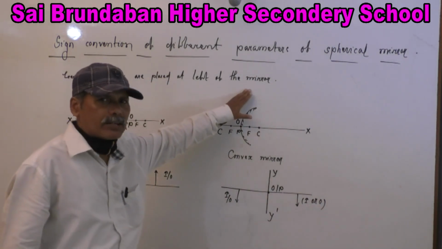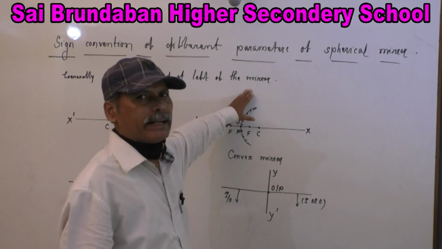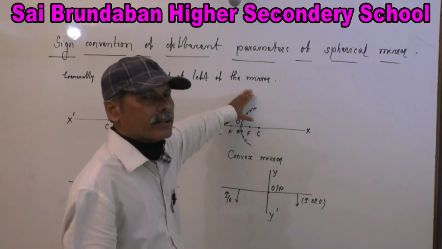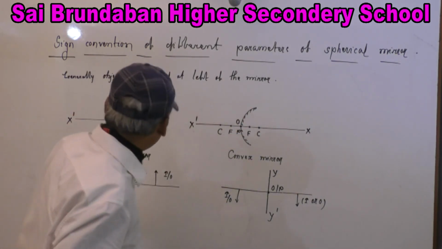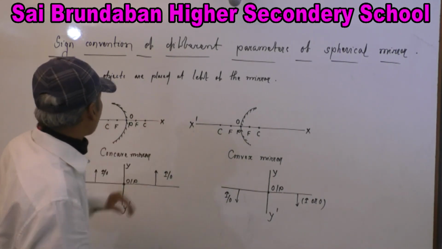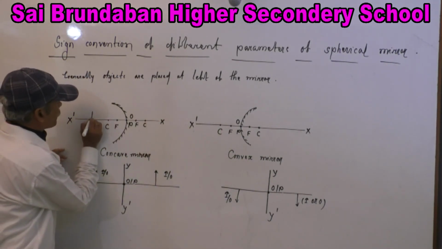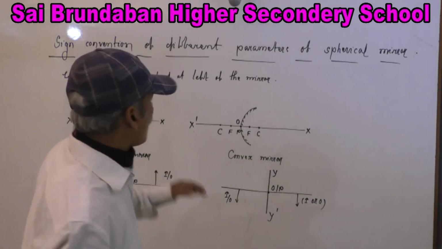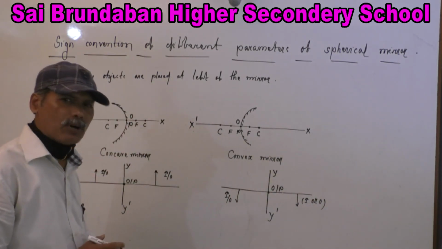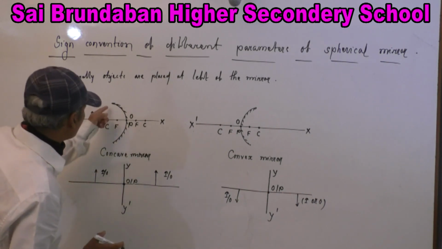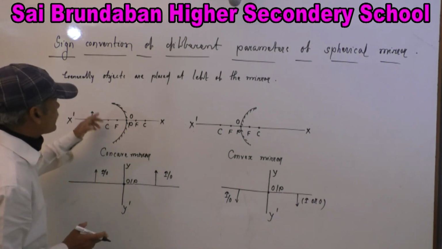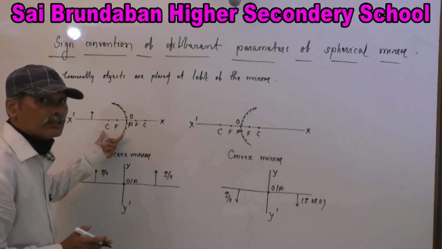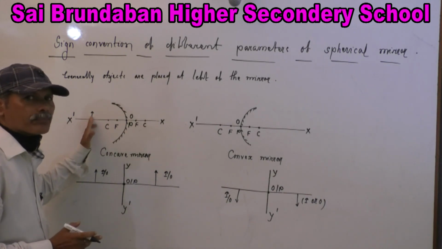But it is not mandatory, it is not compulsory that you always take the object at the left of the mirror. At the left of the mirror, if the object is placed, the reflecting surface of the mirror must be towards the object, facing towards the object.